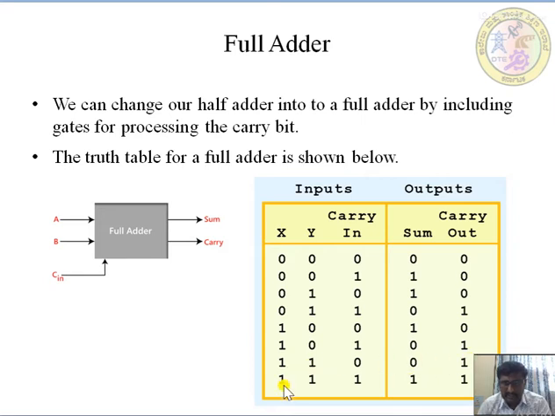Now you just check the important thing, that is 1 plus 1, sum is 0, carry is 1. Okay, plus 1, so that is 0 plus 1, that is sum is also 1, carry is also 1. See, for the third bit, that is the last bit, 1 plus 1 plus 1, you will be having both sum and carry as 1, 1.